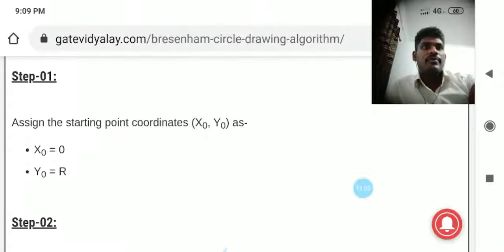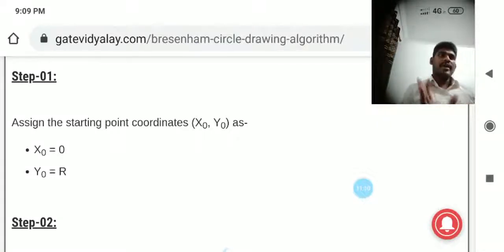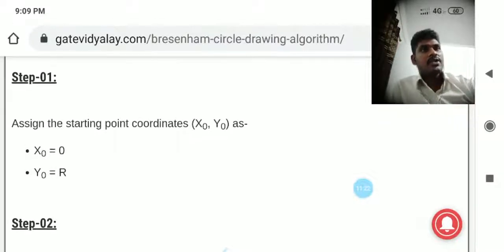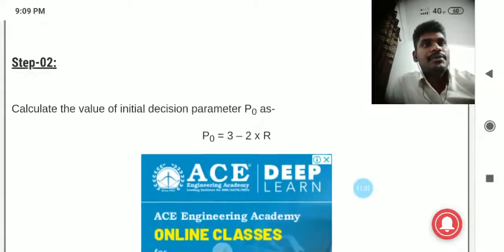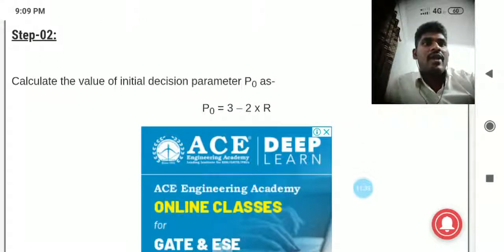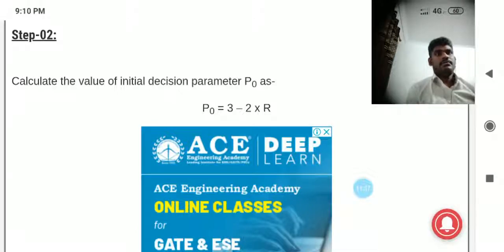First of all, we have to select the x and y coordinates. When you start a point, the first coordinates are x equal 0, y equal to r, because we are starting from the origin. Then step 2, calculate the value of the initial decision parameter.